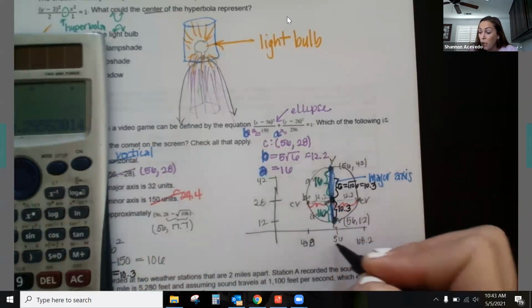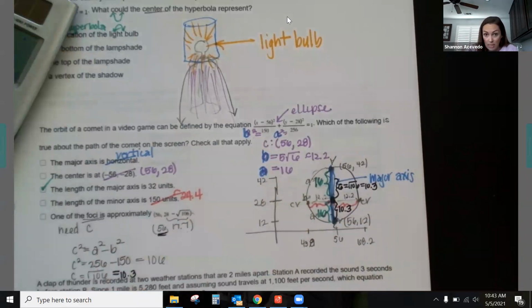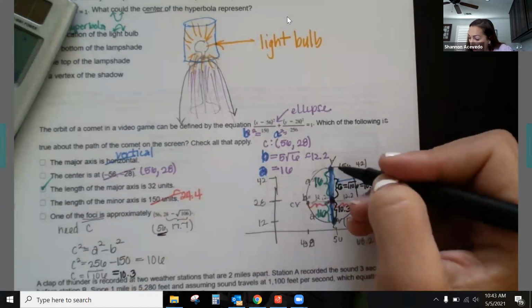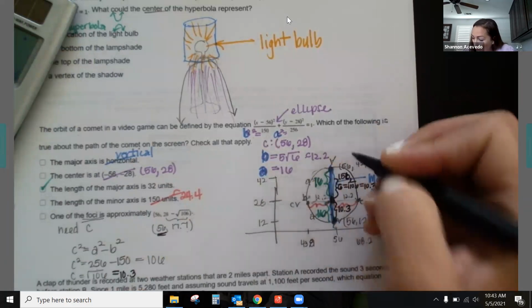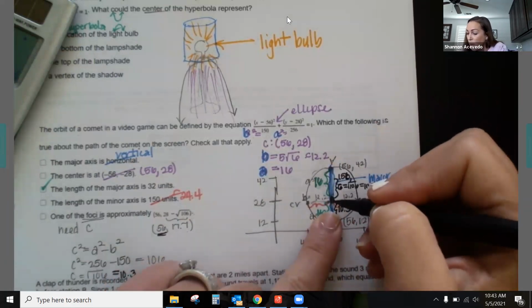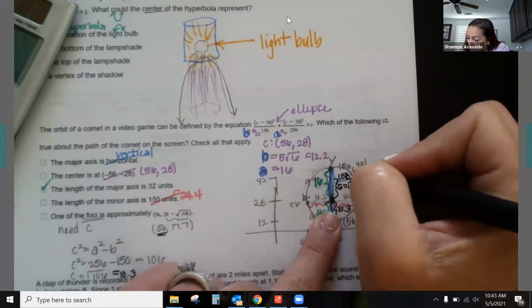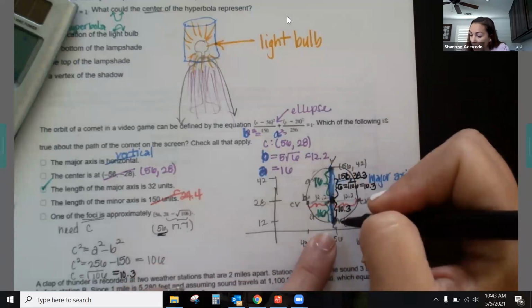Now remember, my X value here is still the same. My X value is still going to be that 56. So that is definitely true. Here I'm at 28, and I'm going to go up 10.3. So if I'm at 28, it's going to be 38.3, or I'm going to go down 10.3.